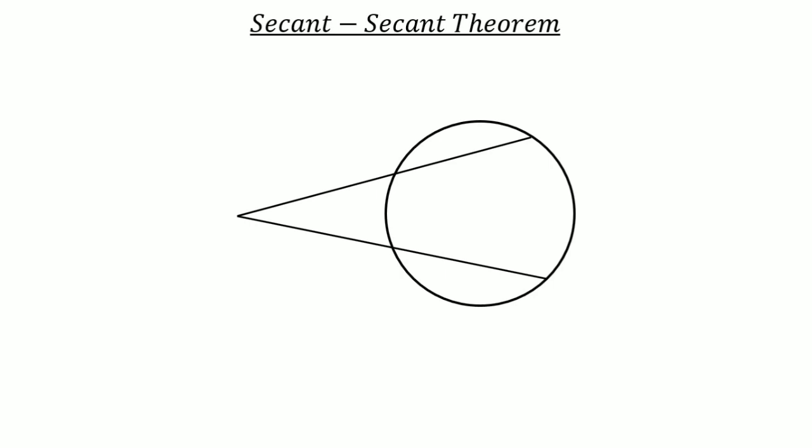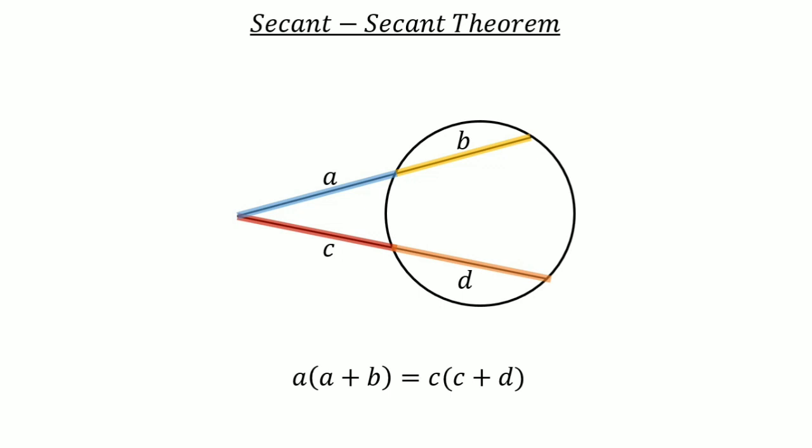Now we need to learn again a theorem which is famously known as the secant theorem. This theorem says that if we have a circle and we draw lines from a point exterior to the circle, let this chord be A, this chord be B, this chord be D, and this line be C. By the secant theorem, we can say A times A plus B is equal to C times C plus D. But we don't need this theorem for our answer.